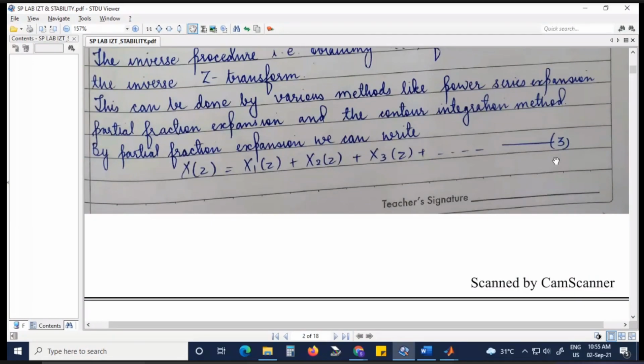Okay, that means an anti-causal sequence. So it depends on the ROC. Provided the ROC is given, you can find the inverse Z transform of the corresponding term. So we will see this.